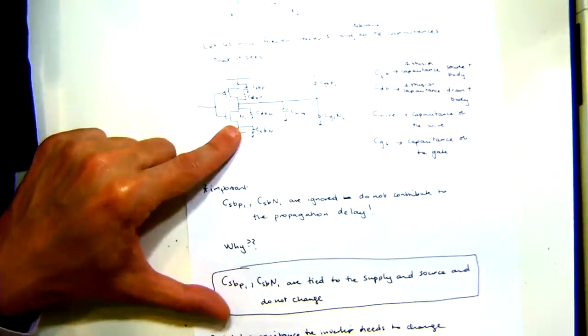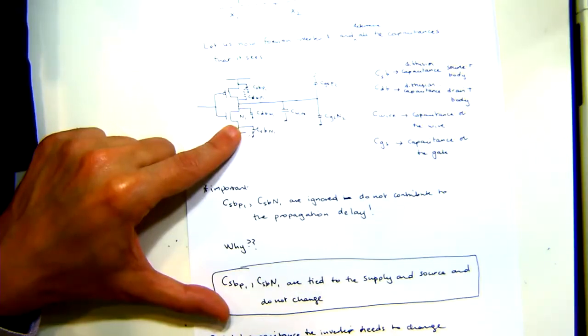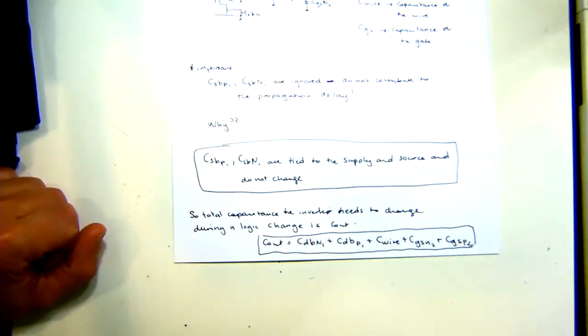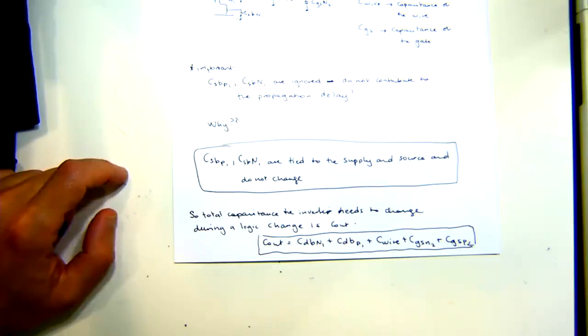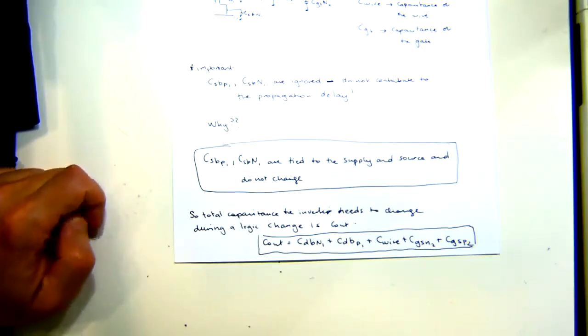So therefore, our total output capacitance is written by the summation of these components. Move it up? Yes. Okay. All right. So that's our total capacitance.